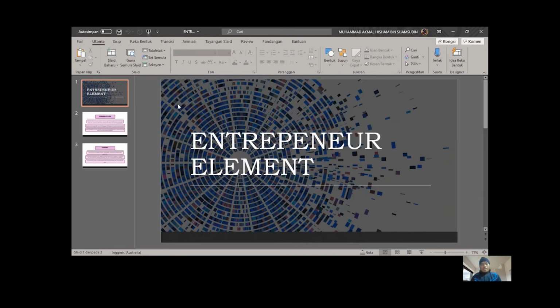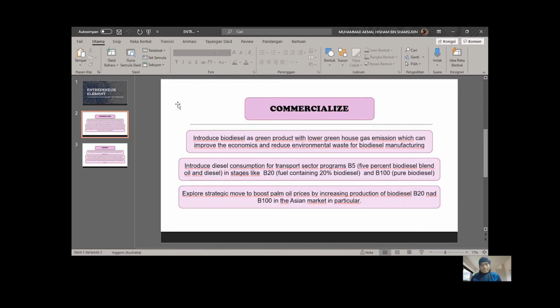Entrepreneurial element. In our mini project, there are two parts of the entrepreneurial element, which consist of commercialization and costing. Commercialization. Introduce biodiesel as a green product with lower greenhouse gas emission, which can improve the economics and reduce environmental waste for biodiesel manufacturing.